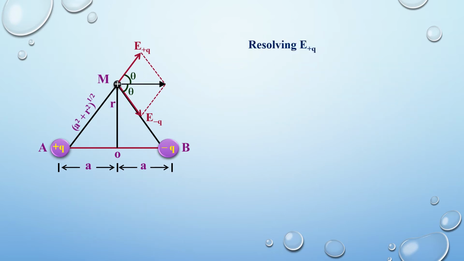Hence, I now resolve the electric field due to the positive charge into its respective components, where I get E cos theta along the dipole axis and E sin theta along the equatorial line. Also, resolving the electric field due to the negative charge, we get the electric field along the dipole axis as E cos theta and along the equatorial line as E sin theta.